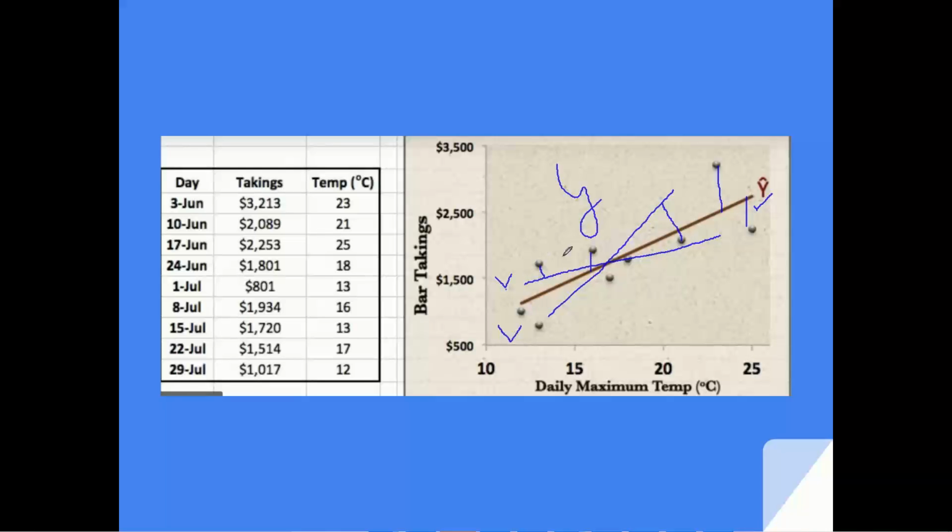Okay, so for that, what we do is we actually calculate the squares of the distance. Why do we calculate the square of the distance? Because see, one distance is over here. This is a positive distance and this is a negative distance. So there can be an instance where positive and negative will cancel out and you will actually get a distance of 0. And there can be many lines which can give you the distance as 0.